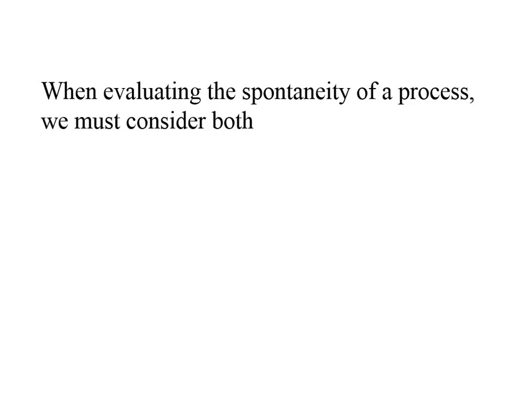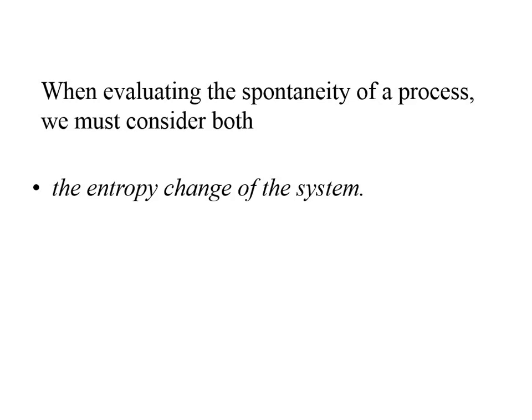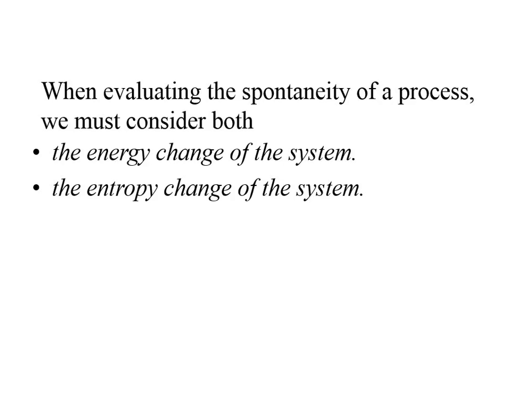So we need to consider both of those. The entropy change is the S, and the change in energy is the H. So by golly, there's delta S and delta H. Our little equation to check for spontaneity, which is actually going to be your G thing, is going to have both of those terms in there.